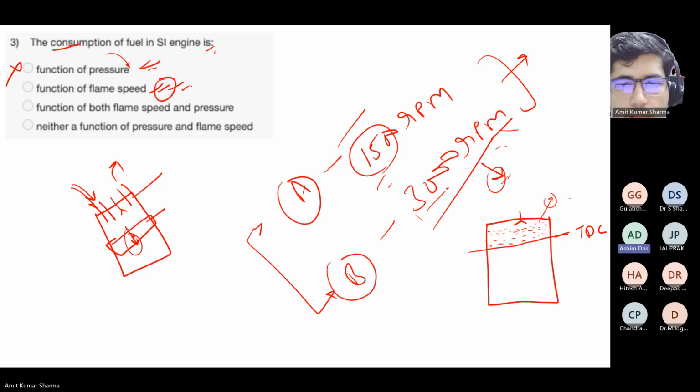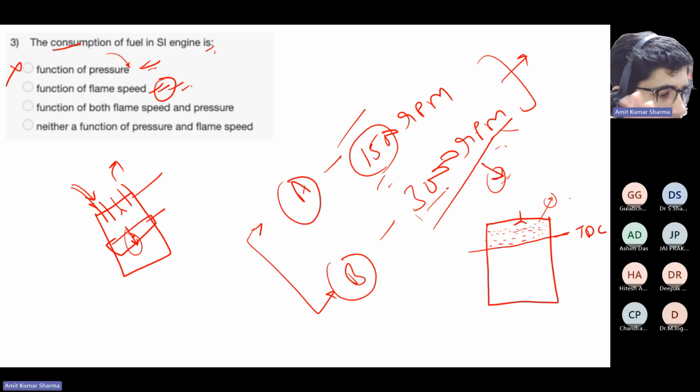After the burn is complete, only then the port will open, because the piston will again go to the TDC. When it reaches the TDC, it will push out the flue gas. After pushing it out, the port will close, and it will again suck the air fuel mixture, and the inlet port will open.